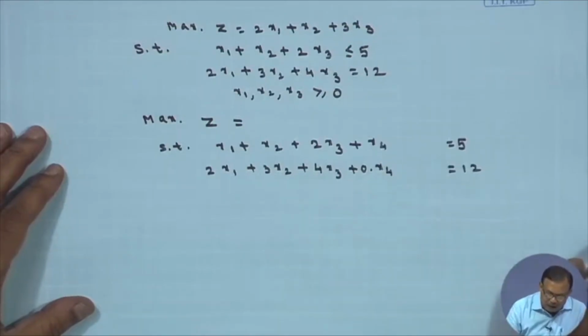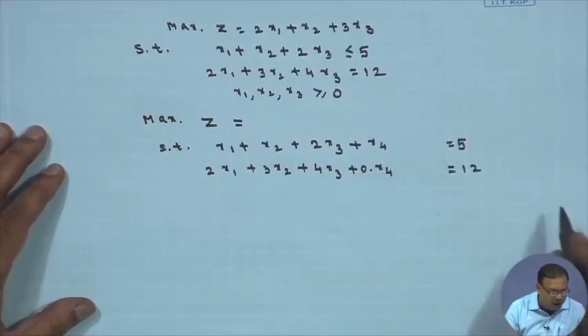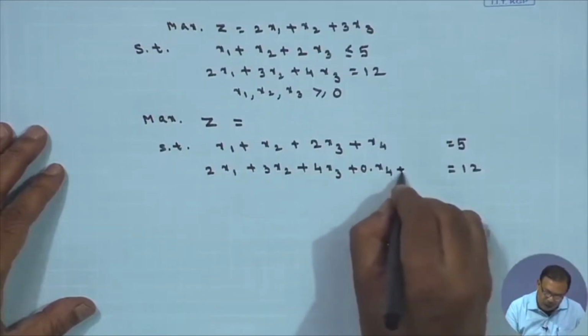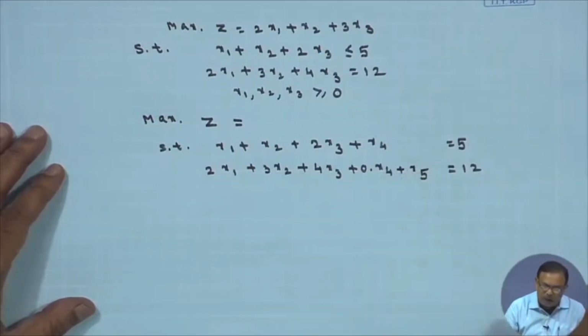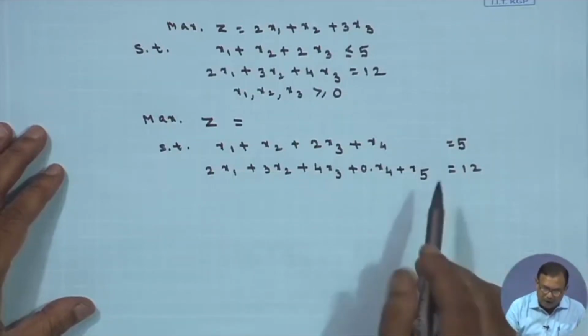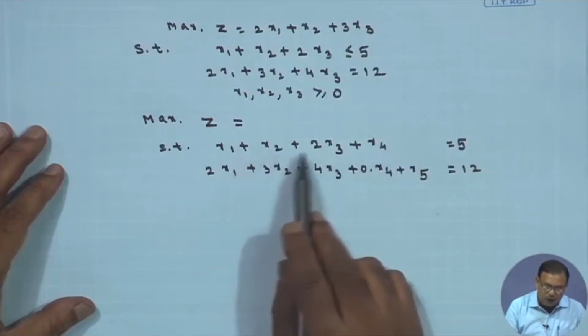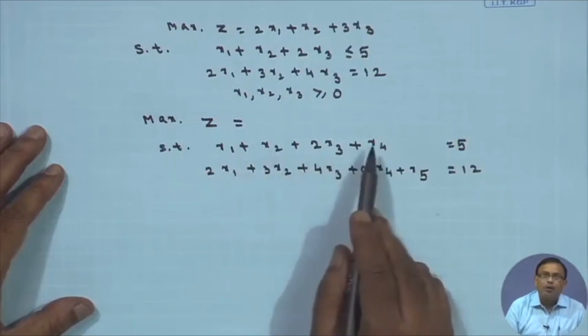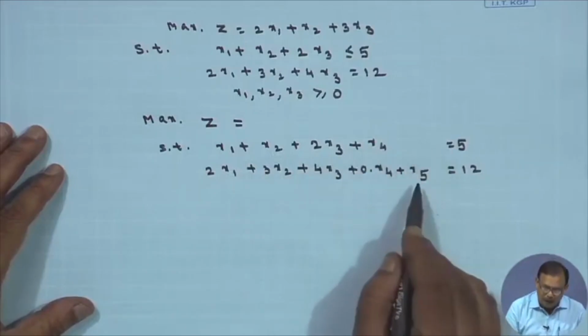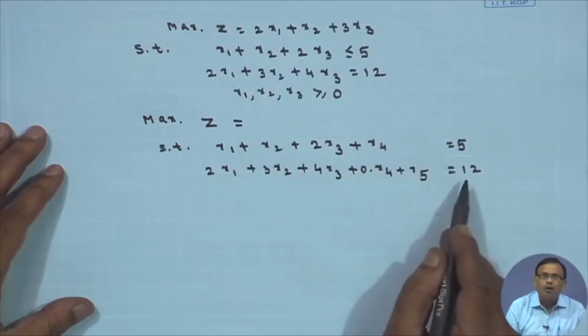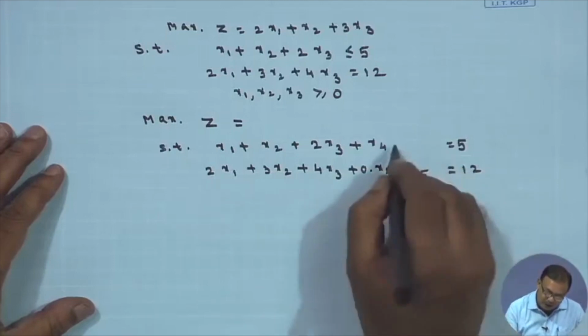So, for that reason, for equality I have to add one artificial variable over here, that is plus x5. So that in the basis, with x1, x2, x3 as 0, your x4 will be 5 and x5 will be 12, which is the initial basic feasible solution.